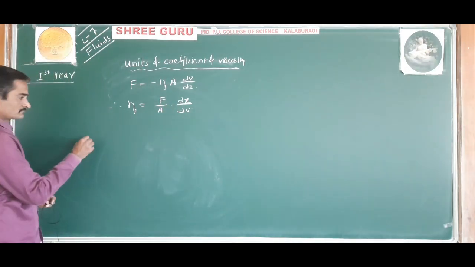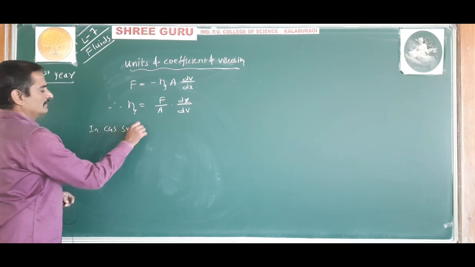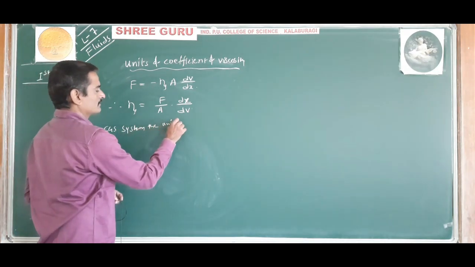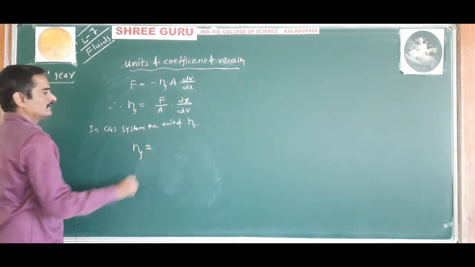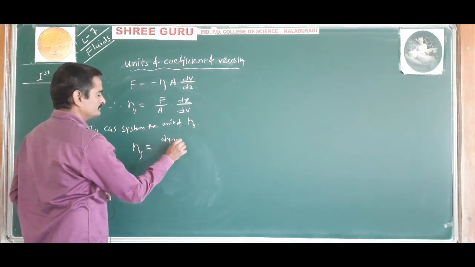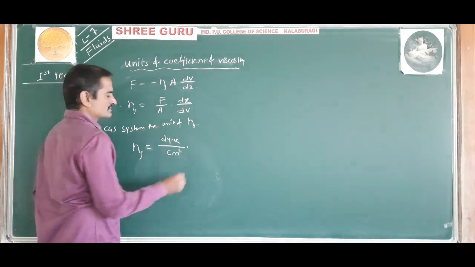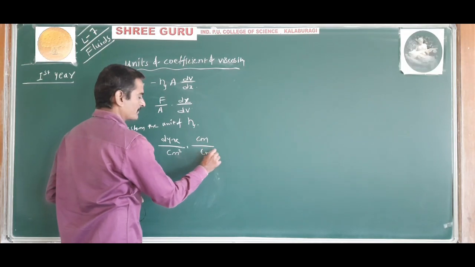Now in the CGS system, the unit of force is dyne, unit of area is centimeter square, unit of distance is centimeter, unit of velocity is centimeter per second.